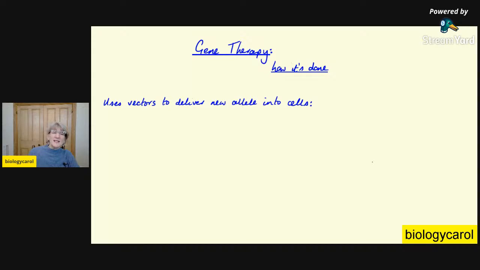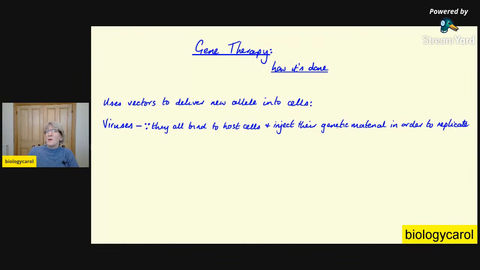Now, as I've mentioned already, it uses vectors to deliver the new allele into the cells. Depending on your syllabus, you might need to know a little bit extra about the vectors that can be used. And there are two types that most specifications are going to want you to be aware of at least. The first one is viruses. Viruses, their whole raison d'etre is to inject their DNA into cells so that they can replicate. So it almost seems obvious that we use viruses as vectors.